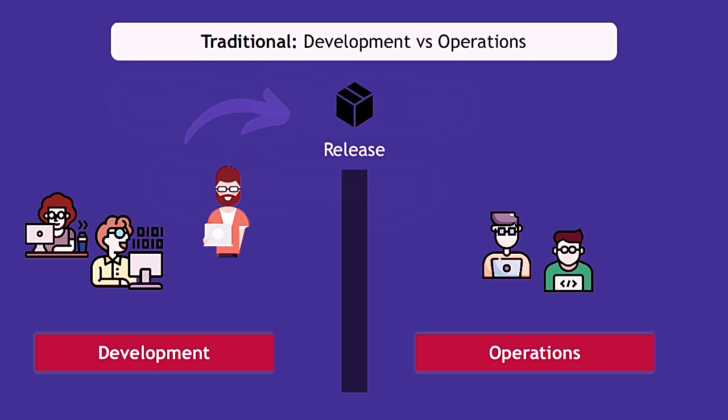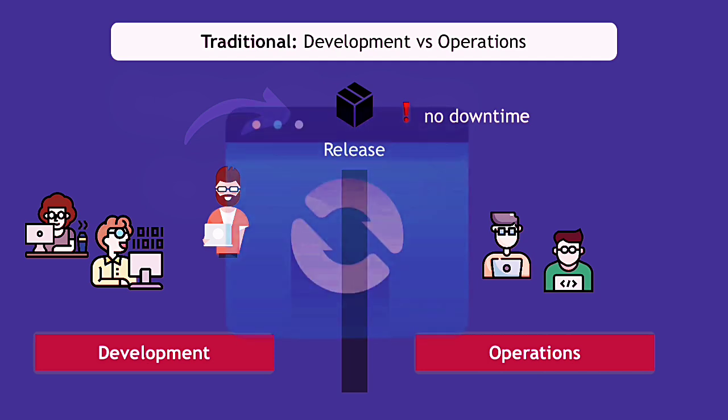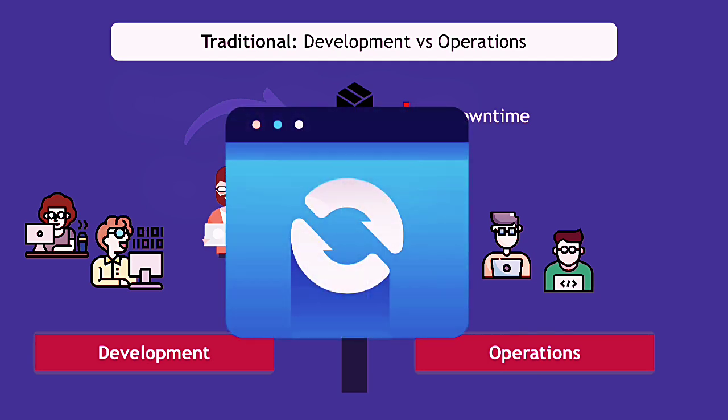And the challenge here is, of course, from the operations standpoint, that the application doesn't have a downtime when such an upgrade or addition to the application happens. Meaning, if Facebook releases a new feature, you as a user don't want to be sitting in front of a laptop and suddenly Facebook doesn't work anymore. You have to wait for 5 minutes and a new version pops up in your browser.